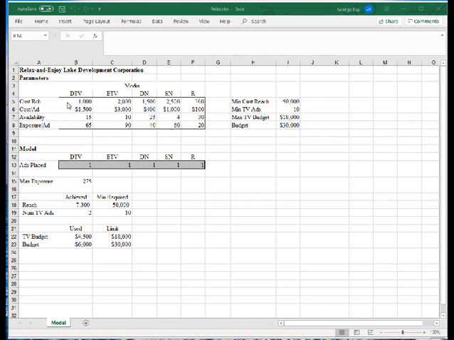The customer reach is first. That's how many customers each unit reaches. The cost for each unit is there, $1,500, for example, for daytime TV. Availability is the number of slots you can get, and then the exposure. So these are some of the things advertisers are interested in, reach and exposure.